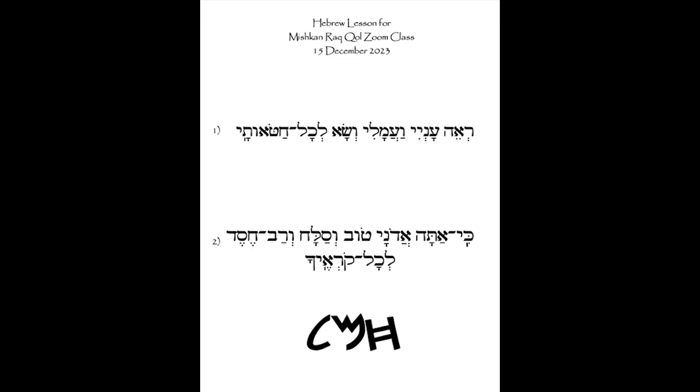So how do we pronounce that? We've got a silent letter. We're going to pronounce it as A, like the EI in the word eight. And then we have chaf sofit with kamatz inside. Cha. So we have korecha. All right? So lechol korecha.